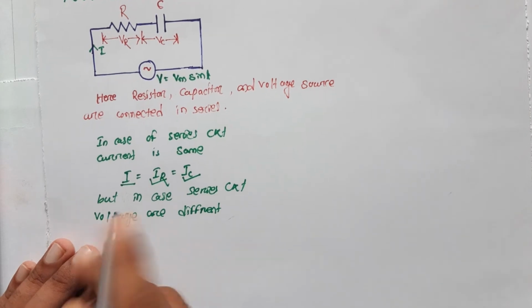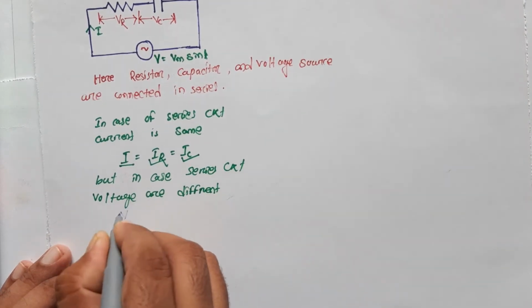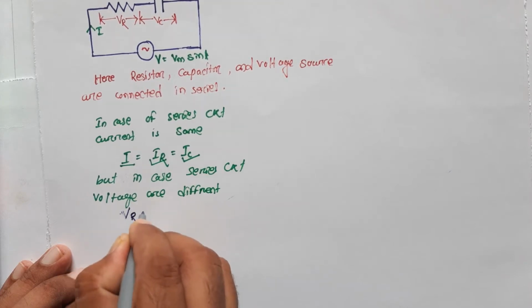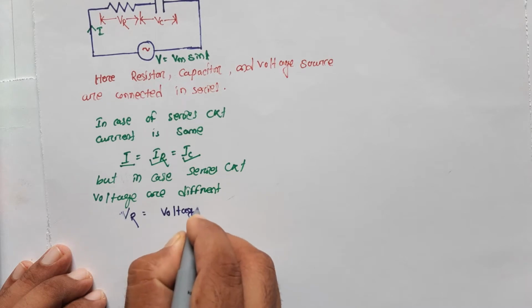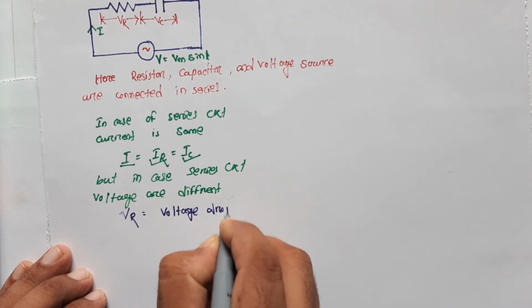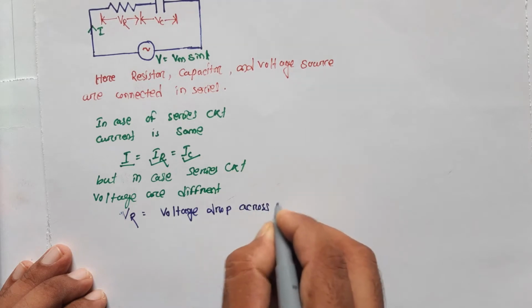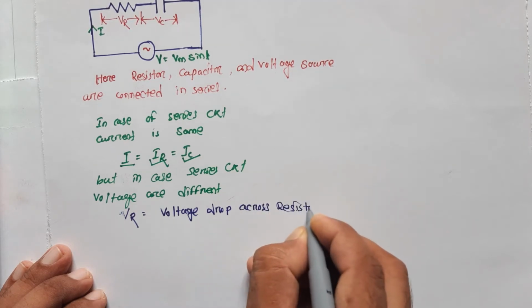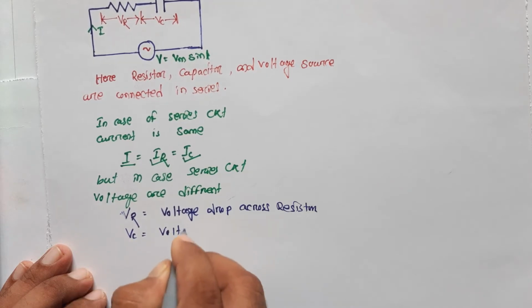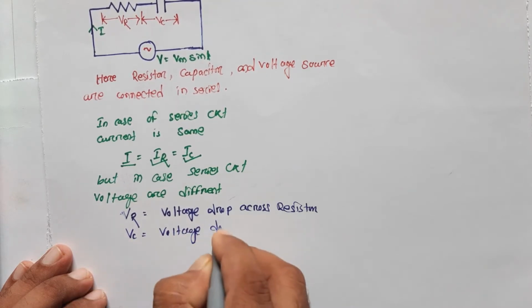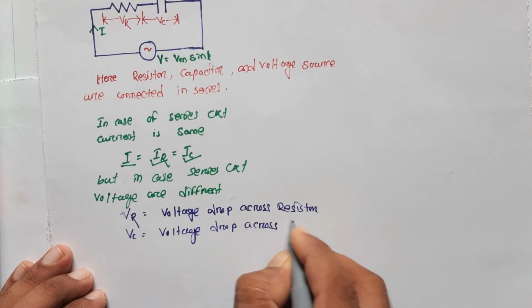VR is the voltage drop across the resistor, and VC is the voltage drop across the capacitor.